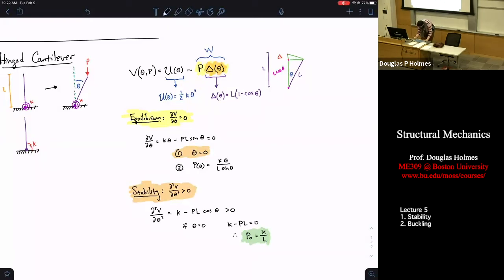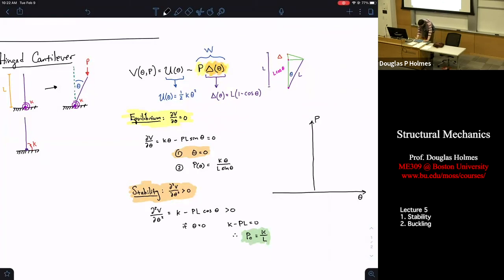We can say, okay, I have a P, this is my force P, this is my angle theta. The beam can buckle to the left and to the right, and so we have to have kind of this thing centered around 0.